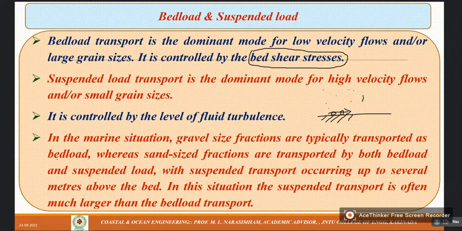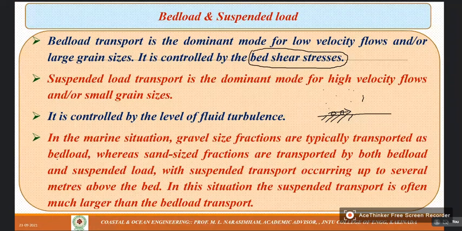So, if you consider the rate of transport, that is the volume of material moving per some time for 1 unit length, it will be more in case of suspended load.